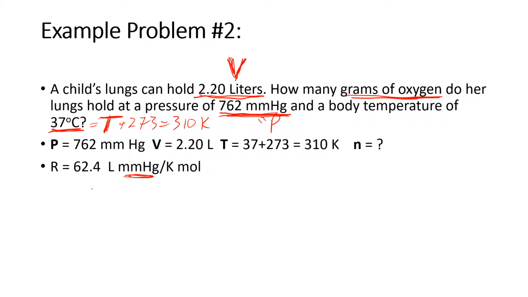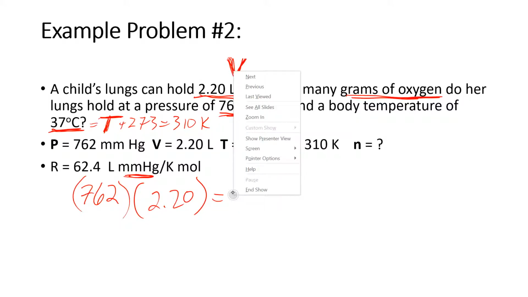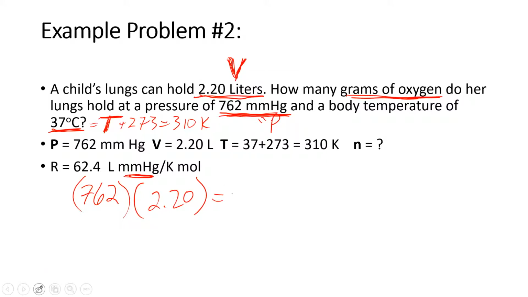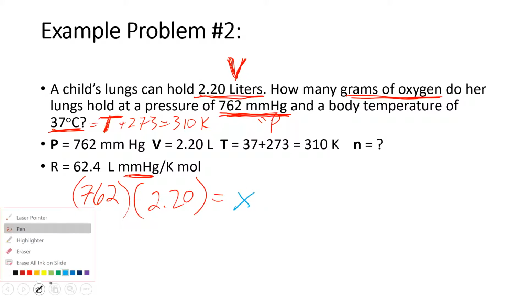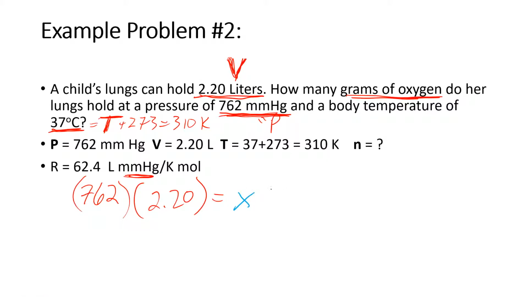So if we plug all this in, we got 762 for our P. Our V is 2.20. Our N is our question mark. So let me put that in a different color. So we'll do that X, right? So that's what our N is. And then our R is the 62.4.